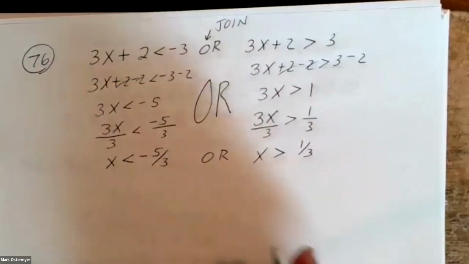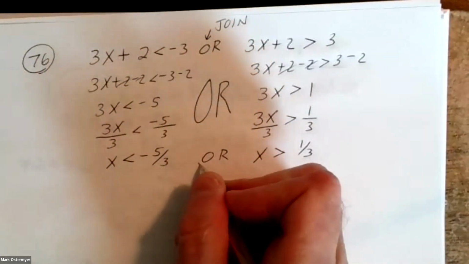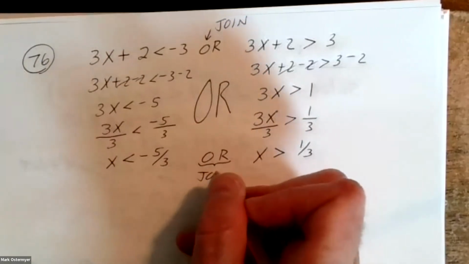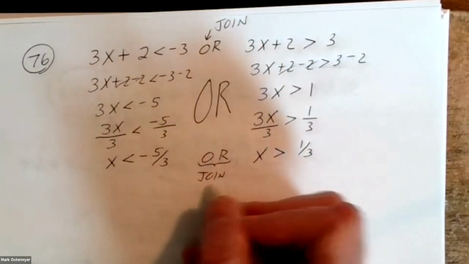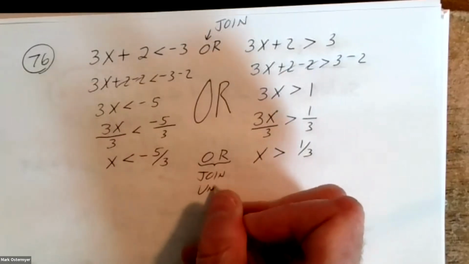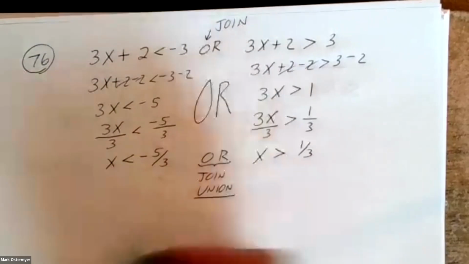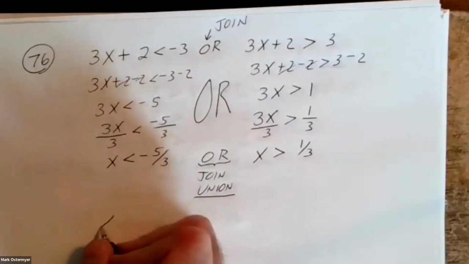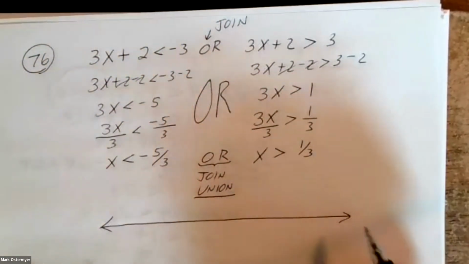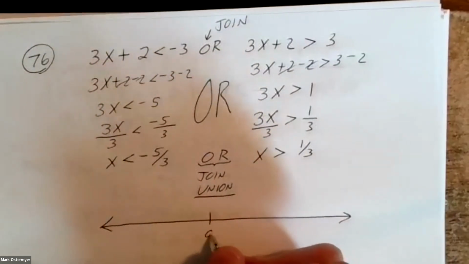All right, ladies and gentlemen, the word or is called a disjunction in mathematics. It means to join sets together, or to find the union of the sets. To graph the solution set on a number line, here's our number line. I'm going to put 0 on the number line.